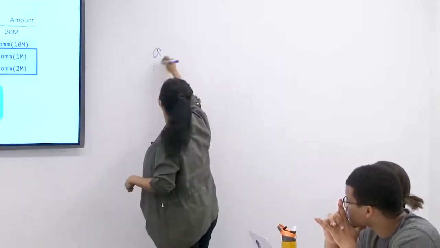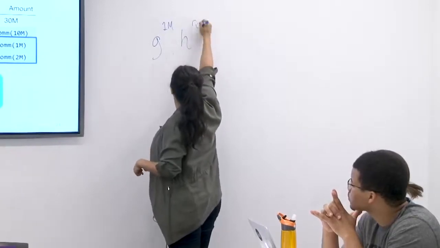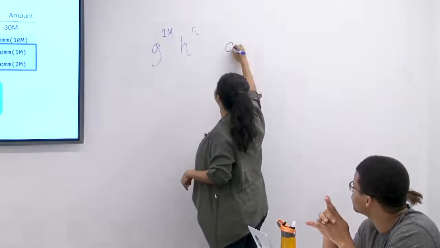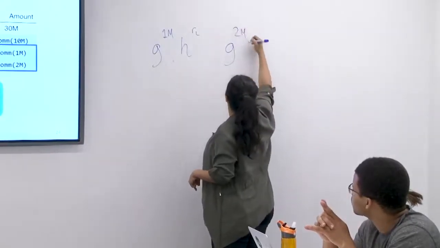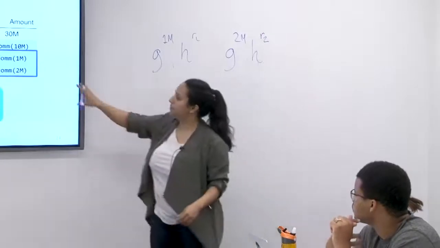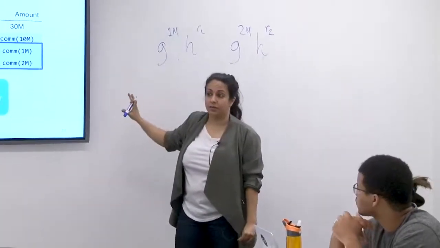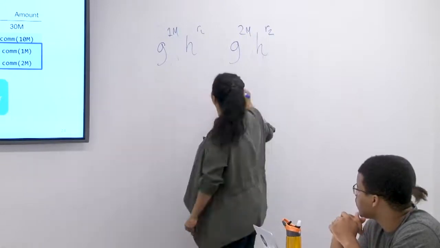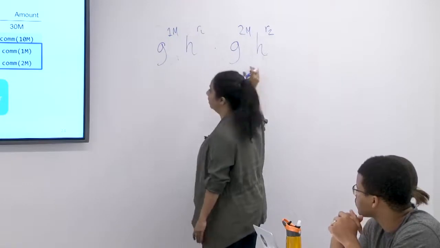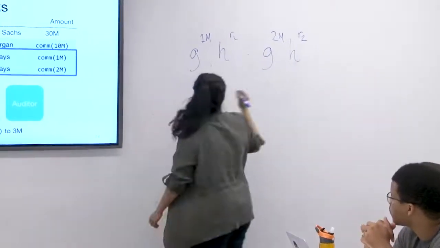One of them is G to the 1 million, H to the R1, and the other is G to the 2 million, H to the R2. These are the commitments in the ledger. Barclays wants to convince the auditor that it has 3 million euros. The auditor can't see what these 2 things are.